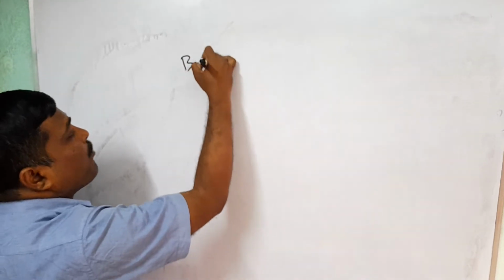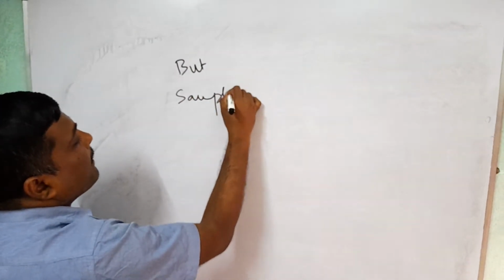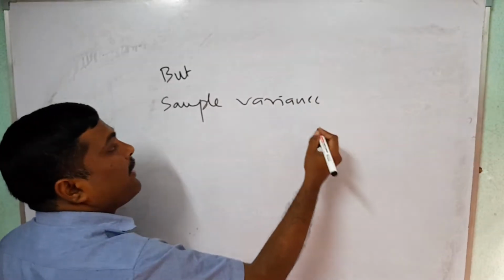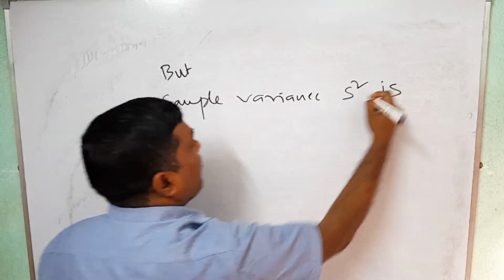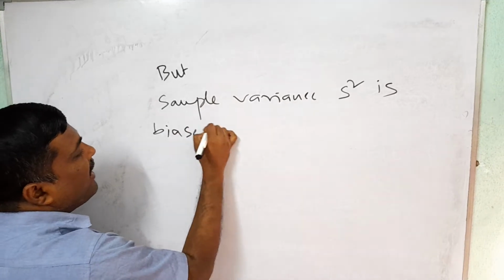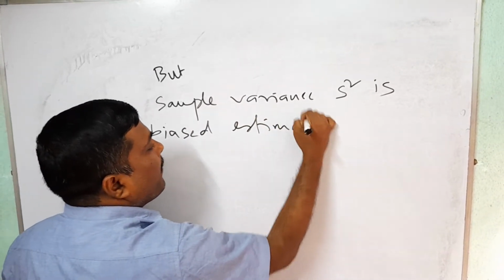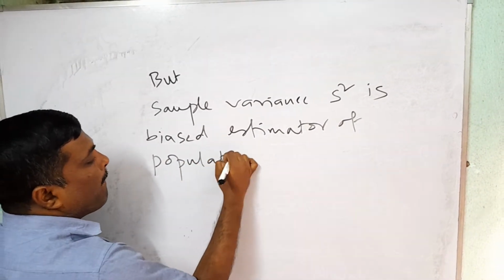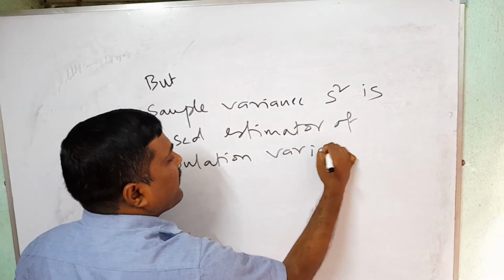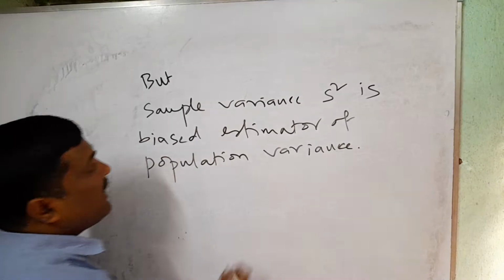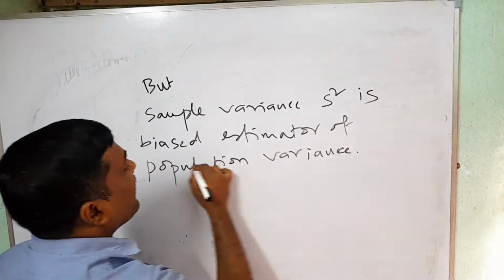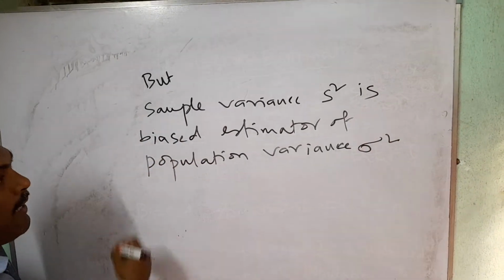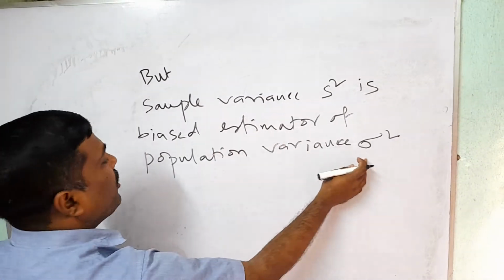But the sample variance S square is a biased estimator of the population variance sigma square.